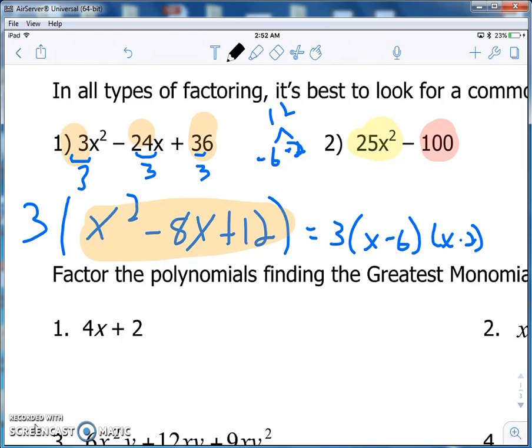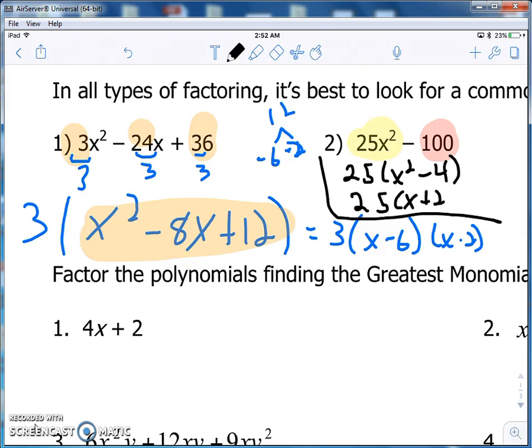They're both divisible by 25. So we get x squared minus 4. 100 divided by 25 is 4. And then this factors a lot easier now as a difference of squares, x plus 2 and x minus 2. And there's your factorization.